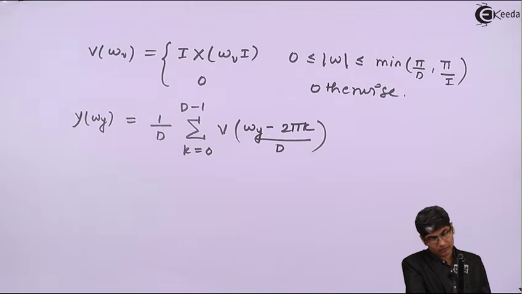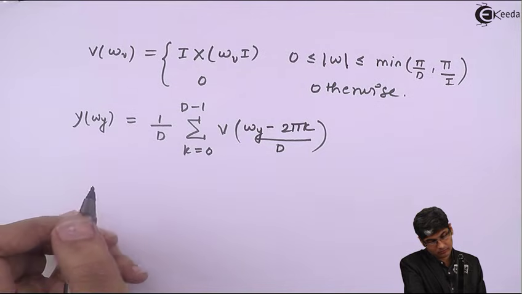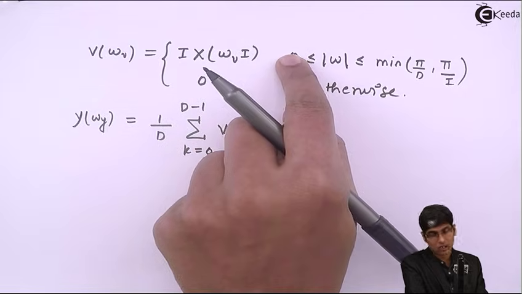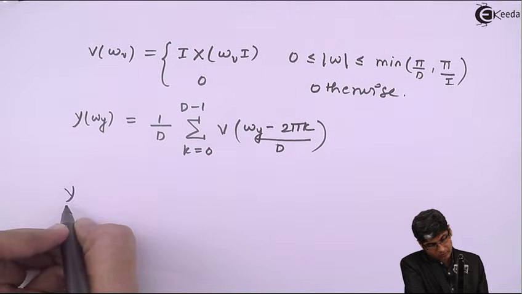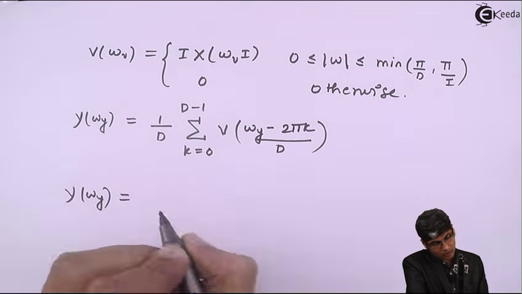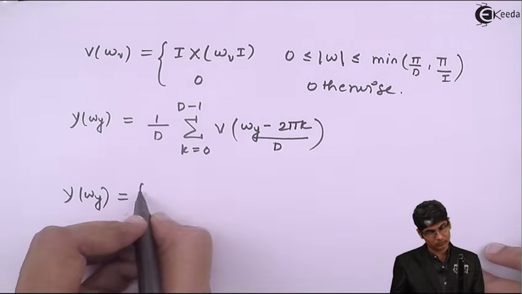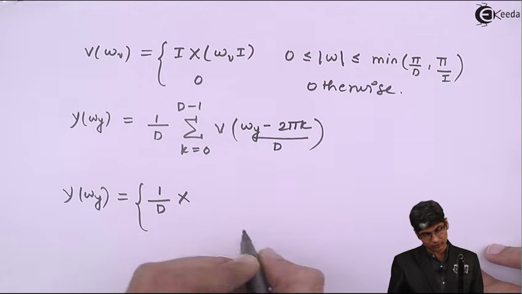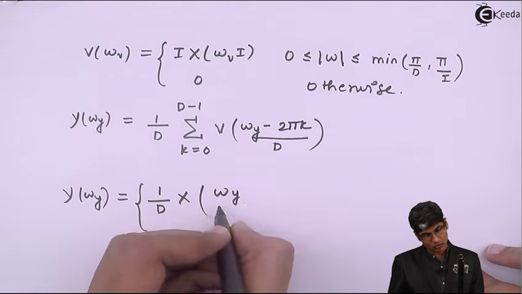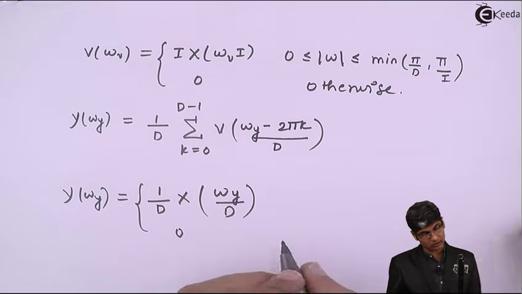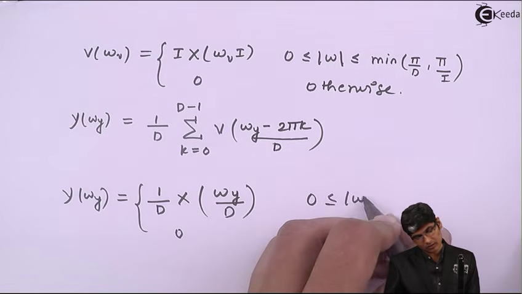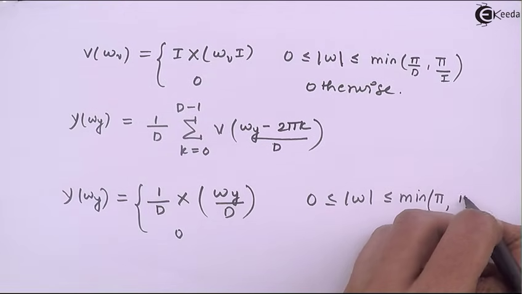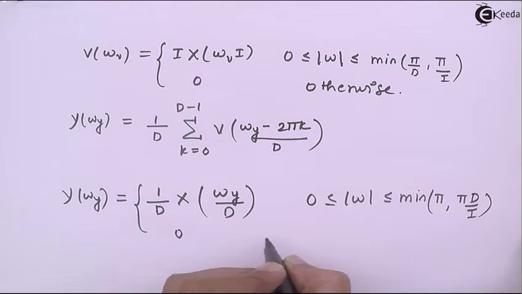And v is not constant everywhere, so v exists only in this region of omega. If I substitute that, we obtain y of omega y equal to 1 over d x of omega y over d, and 0 otherwise, valid only for the minimum range of pi or pi d over I, and 0 otherwise.